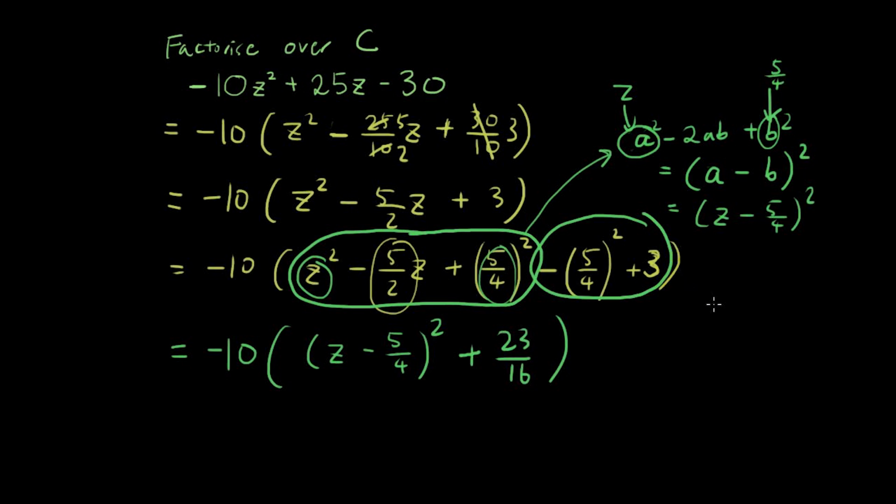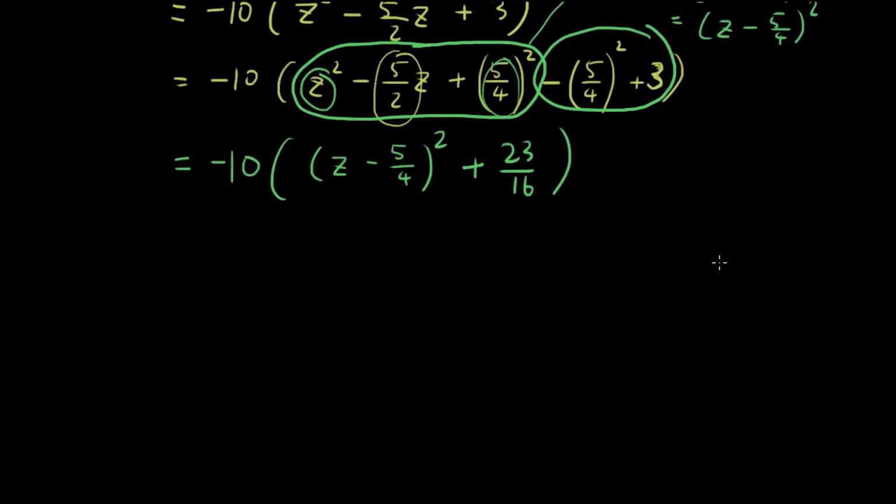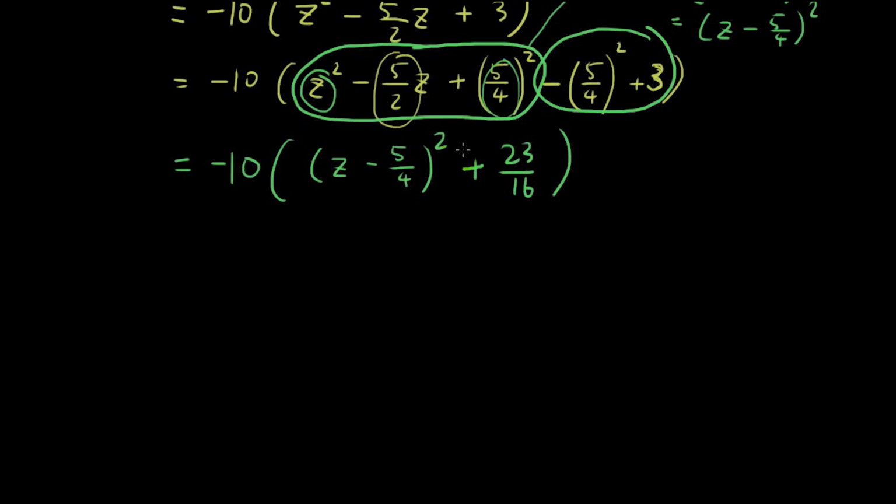Okay, so have we done it? No, because this part is not completely factorized. By factorizing, in this case, what we mean is that we want to have in final form 2 brackets, 2 brackets multiplying each other.